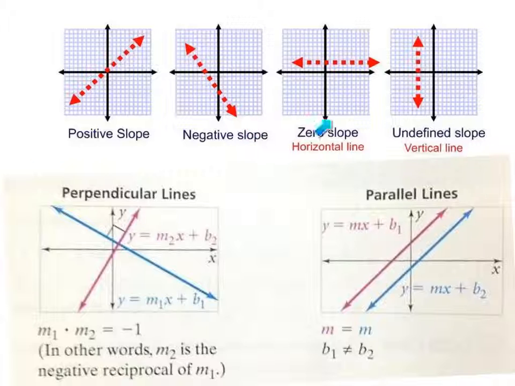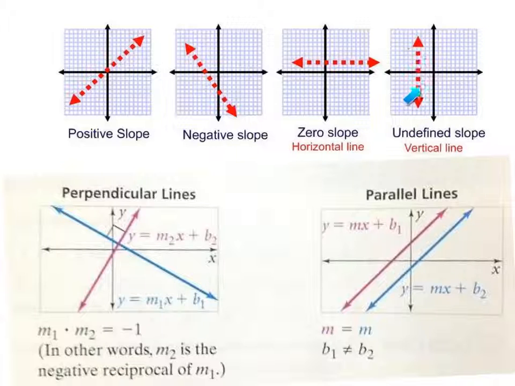If the slope is 0, which that's like the floor in this room should be flat, right? It should be level, which means it has no slope, so its slope is 0, then it's a horizontal line. Now if it's vertical, that's the weird one where it's undefined. Okay, it's undefined because if you do x2 minus x1 in the denominator, it gives you a 0.